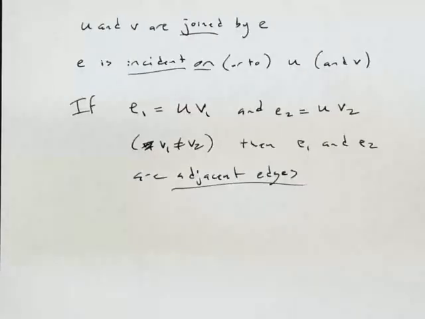So adjacency means being next to each other. But vertices then have to have an edge between them. Edges have to have a vertex between them.